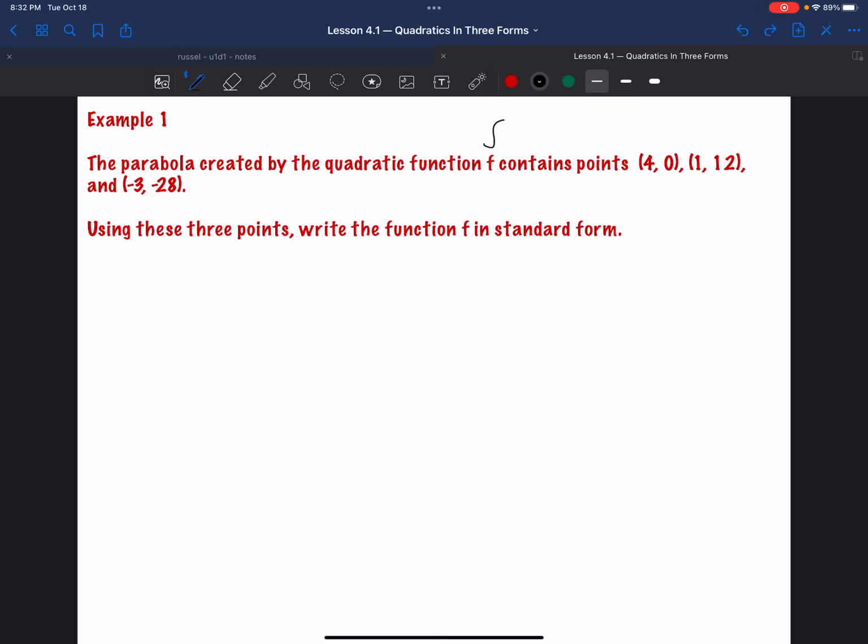So what does this mean? Standard form says y equals ax squared plus bx plus c. Okay?